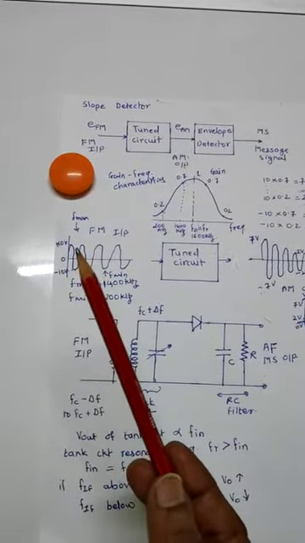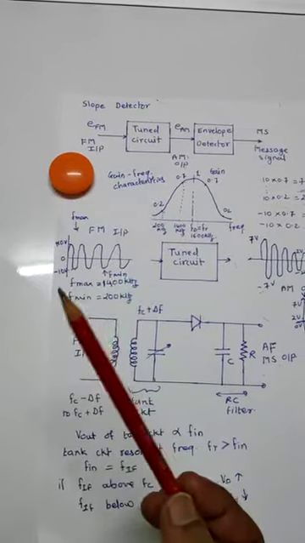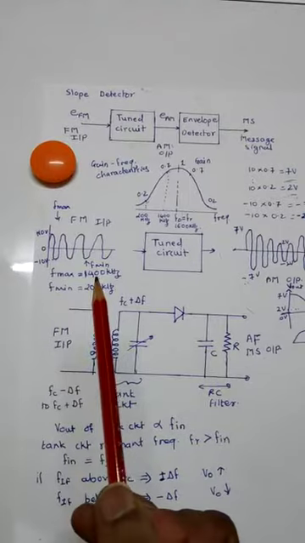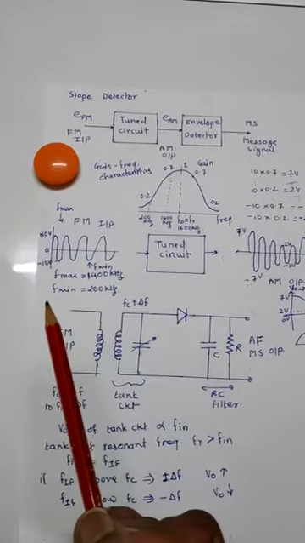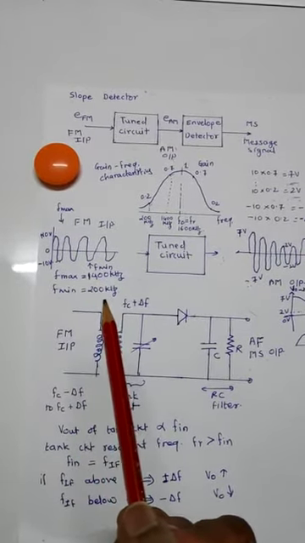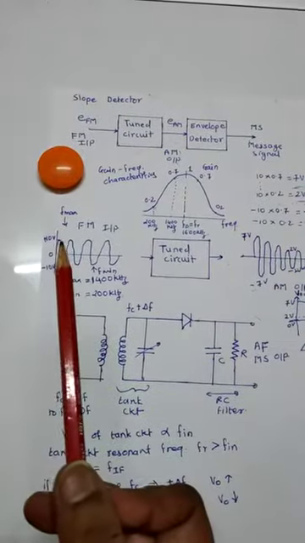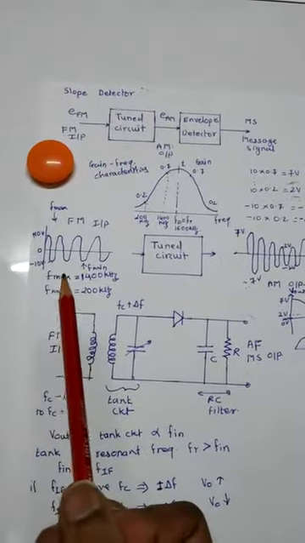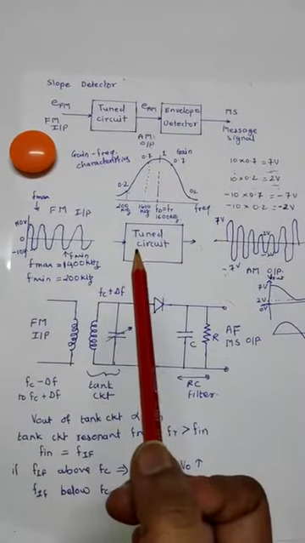FM signal is constant. Now we consider that the F max frequency is 1400 kilohertz, the F min frequency is 200 kilohertz, and the amplitude of the FM signal is 10 volt. This signal is passed through the tuned circuit.